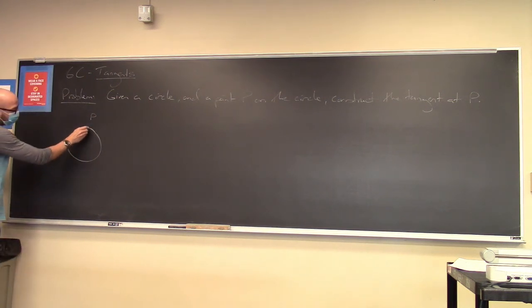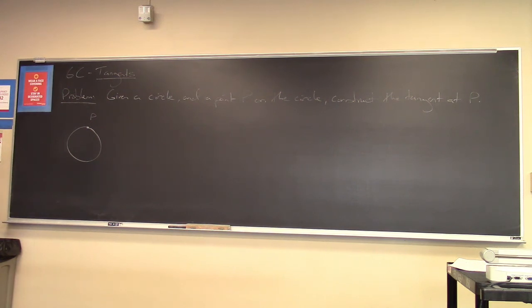I want to construct the unique tangent line through P. How do I do that?